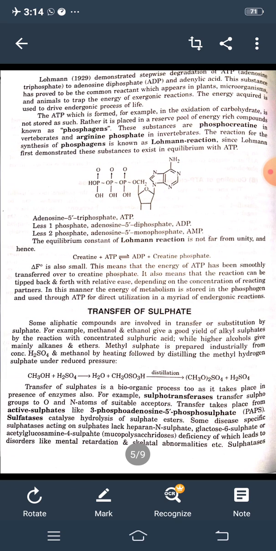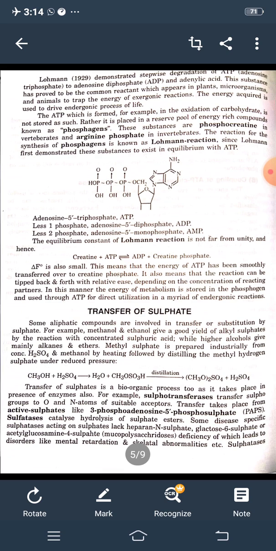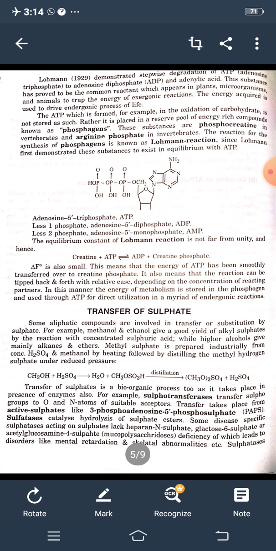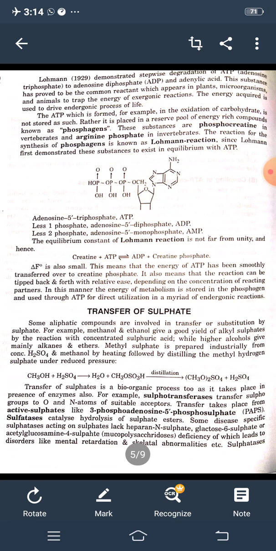The scientist Lohmann in 1929 demonstrated stepwise degradation of ATP, adenosine triphosphate, to adenosine monophosphate, or adenylic acid. So we can say in the following example, phosphagen, the substance of phosphorylated vertebrates, arginine phosphate in invertebrates. The reaction first demonstrated these substances to exist in equilibrium with ATP.